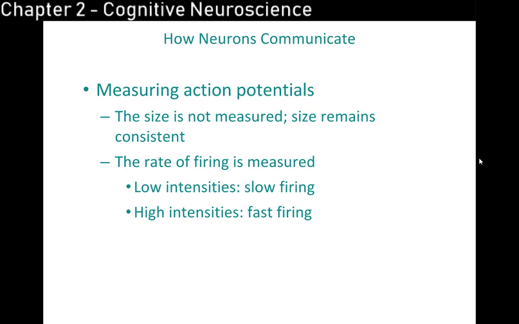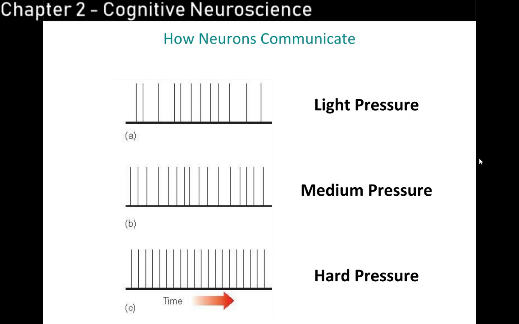And some examples of this low versus high intensity is shown in your book, but also shown here. The idea of light pressure, you can basically think of each one of these spikes as an action potential. And so, as you can see, the amount of spikes that are happening at light pressure are much less than those number of spikes happening at hard pressure.